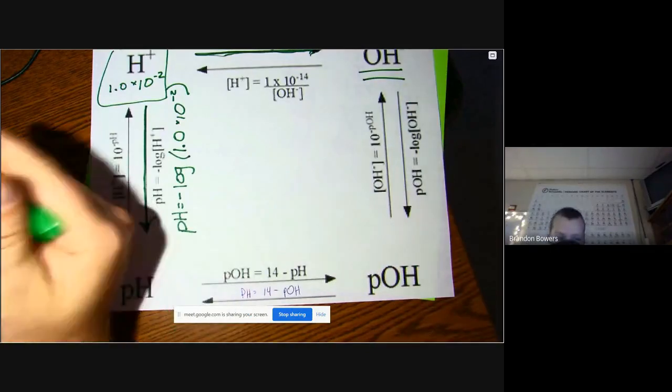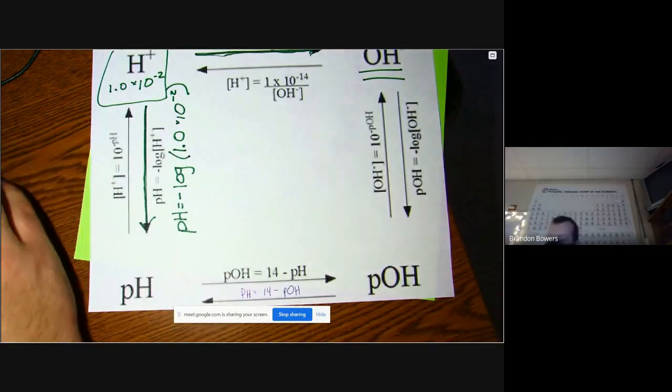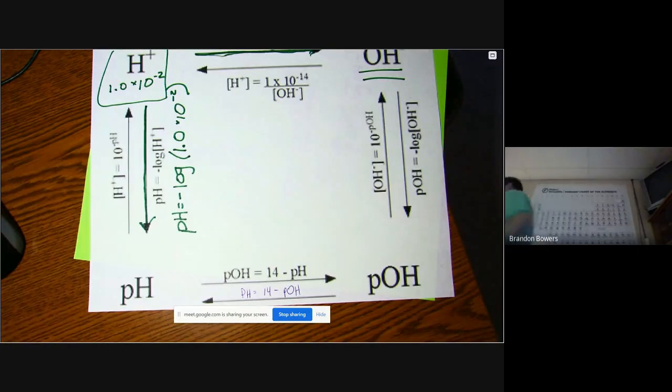Let's try one more. And you know what? We're going to try one from our practice. We're going to do a little acid-base practice today.